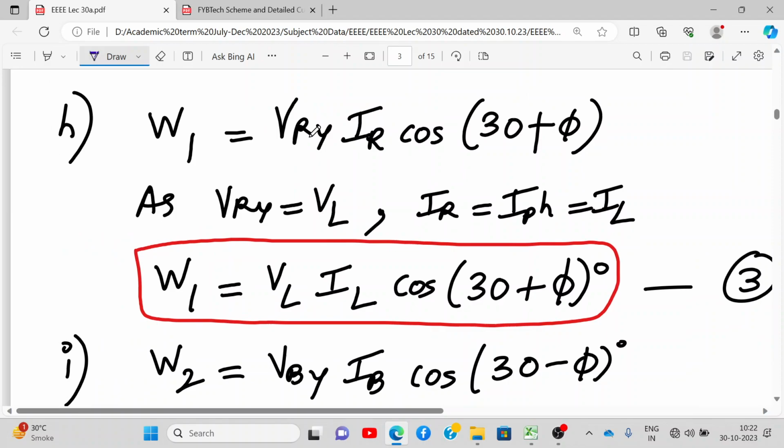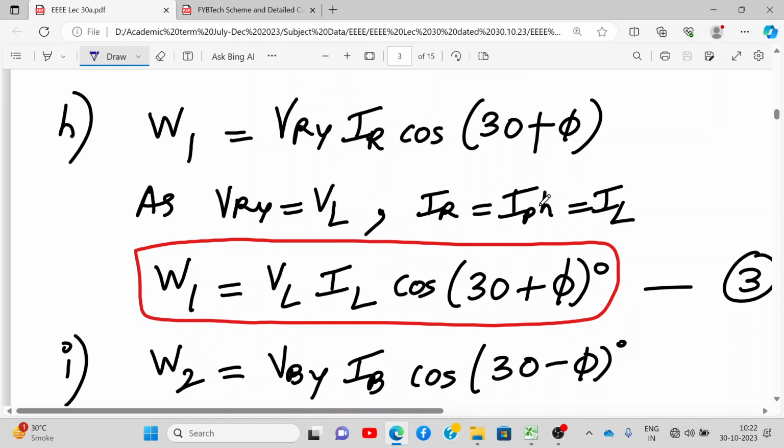In a star connected system, the phase current and line current are the same. So we can write VRY as VL, because all the line voltages are the same and all the phase currents are also the same.